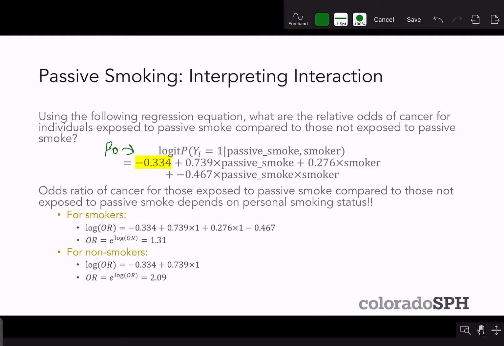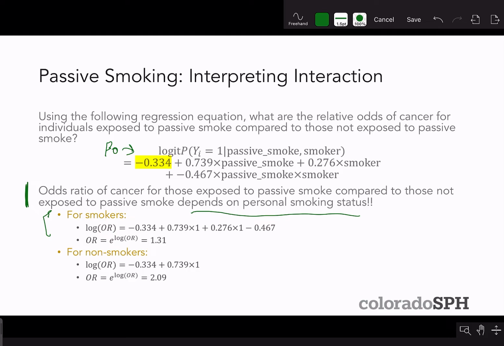So let's use this equation to calculate the relative odds of cancer for individuals exposed to passive smoke compared to those not exposed to passive smoke. Because this interaction term is significant, that odds ratio of the association between passive smoke and cancer also depends on personal smoking status. So for smokers, the log odds ratio is going to be here.